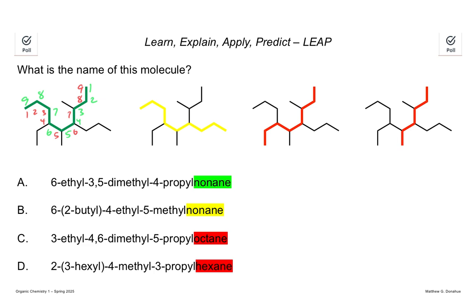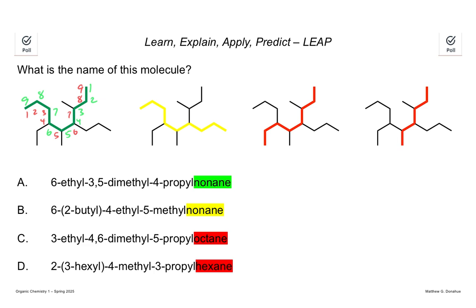So let's talk about that, and then we'll talk about why the yellow one is not correct either. So you're given a structure actually to figure out the name, but when you read the name, really you want to start at the end to determine what the parent is, and then you're looking at the substituents.